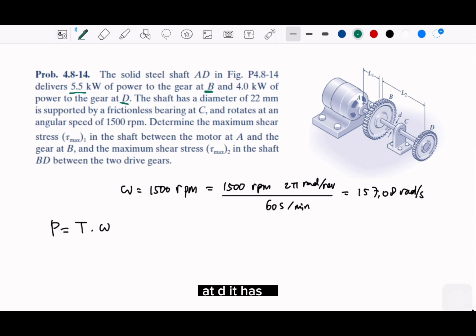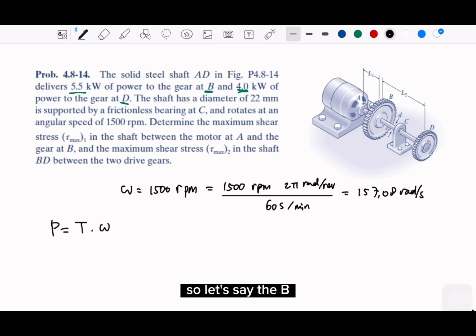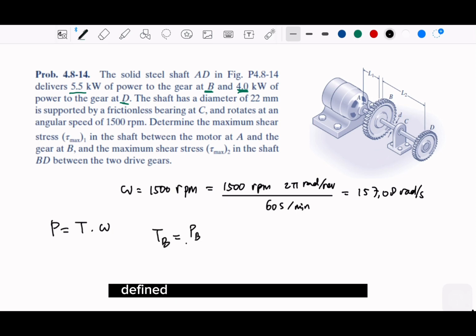At D it has 4. So because of this different power, it will give you different torque, right? So let's say TB becomes PB divided by the angular speed, and TD is PD divided by the angular speed.